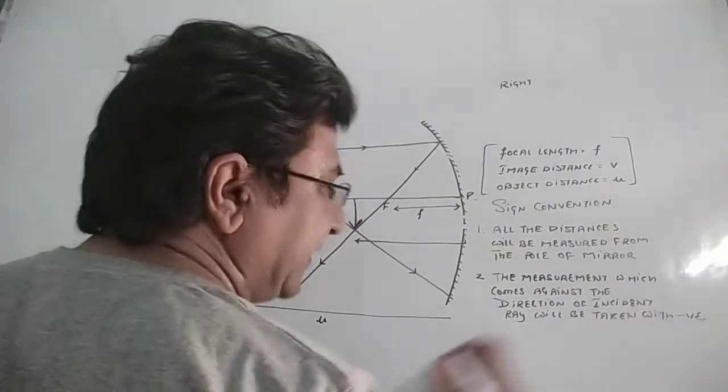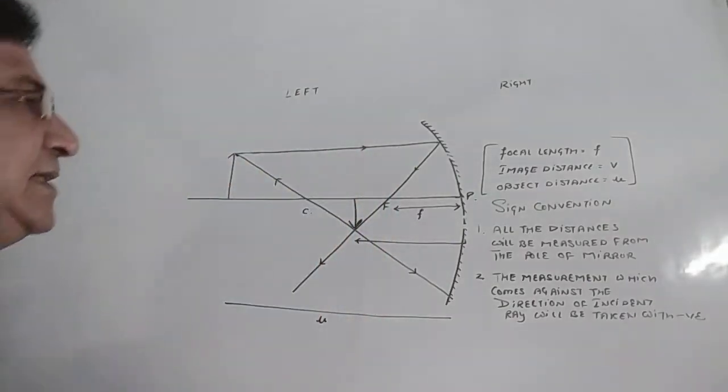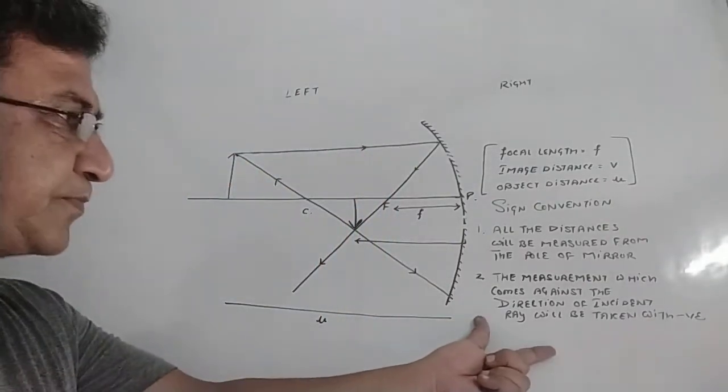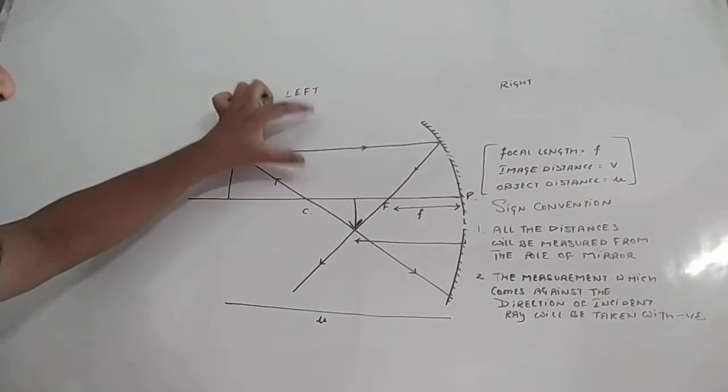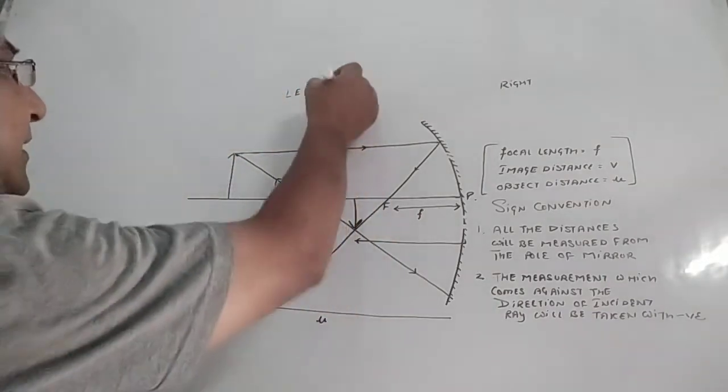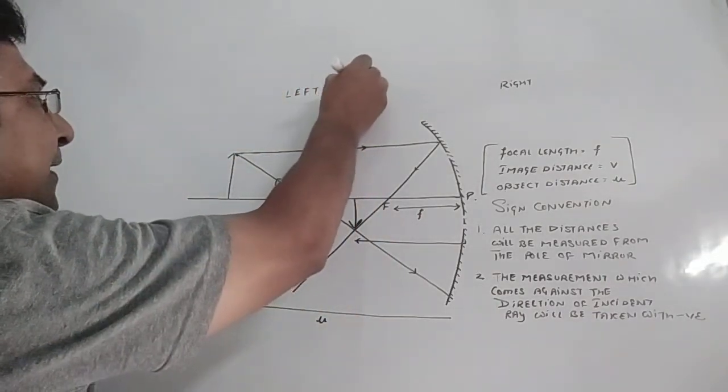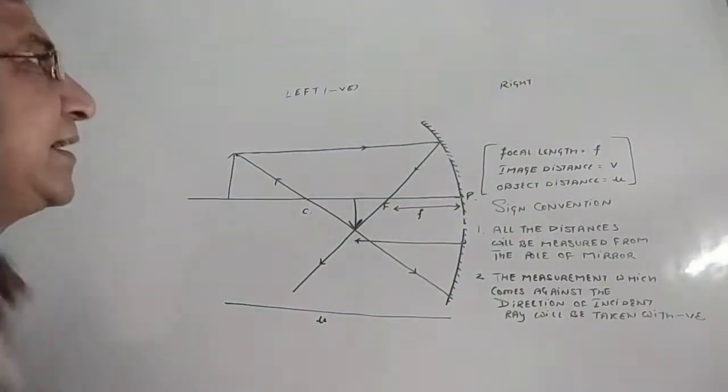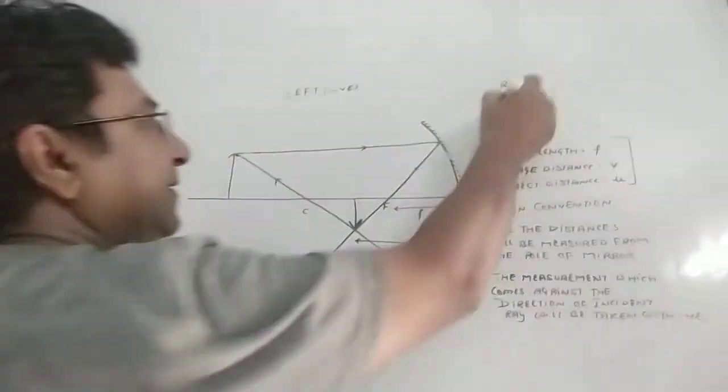In a simple way we can understand that the measurements which come on the left side will be taken negative, and the measurements coming on the right side will be taken positive.